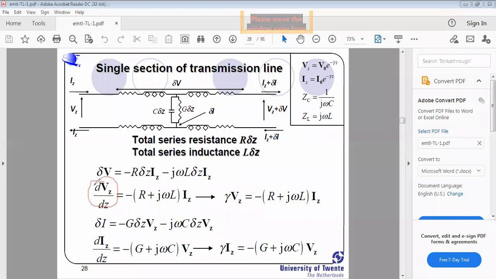dVz by dz. When we convert that delta Z to differential mode dz, simply simplify this equation.